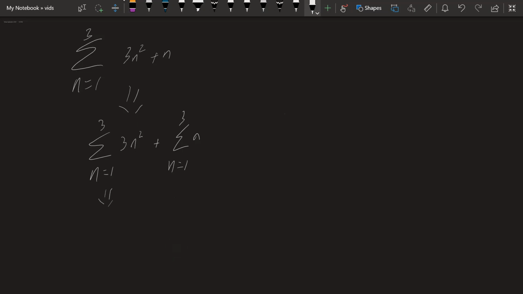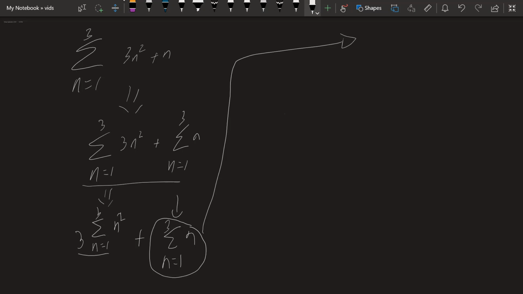And we can further split this into 3 sigma n goes from 1 to 3 of n squared, right? This is the constant rule, this is the addition rule, and this just stays the same, sigma from 1 to 3 of n, right? Well, we can simplify this into 1 plus 2 plus 3, right? And this is 6, so this is equal to 6.